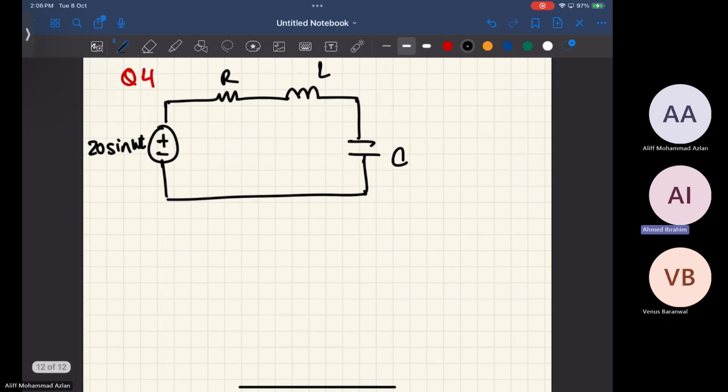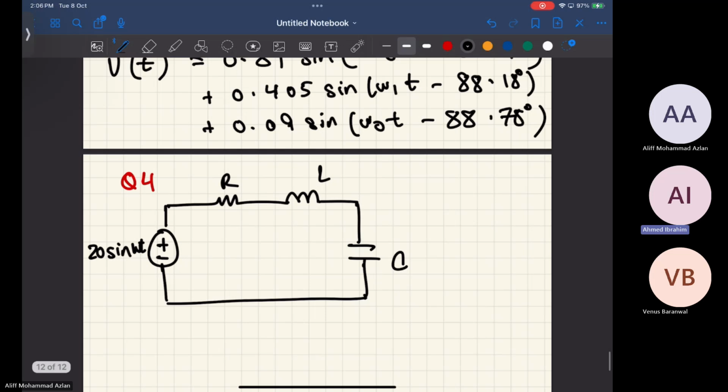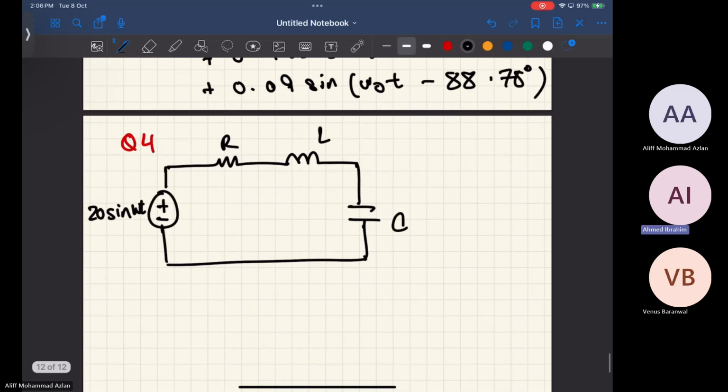Definition of resonance is essentially when your imaginary components in the circuit cancel out. So in this case, in resonance, this is essentially as if it's like this. It's just a resistor because your inductor and capacitor, their impedances cancel out at a specific frequency.